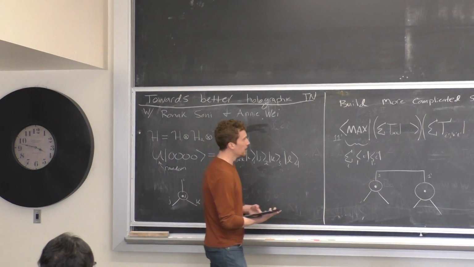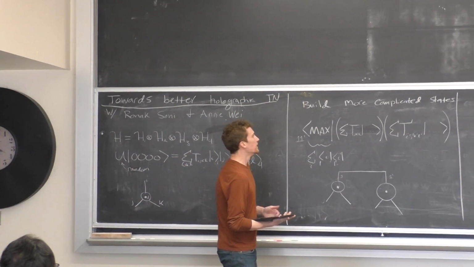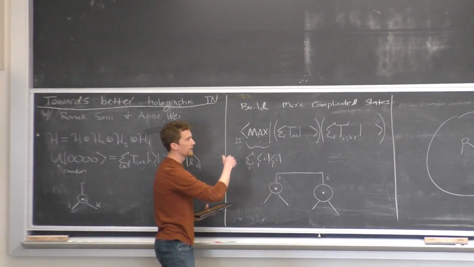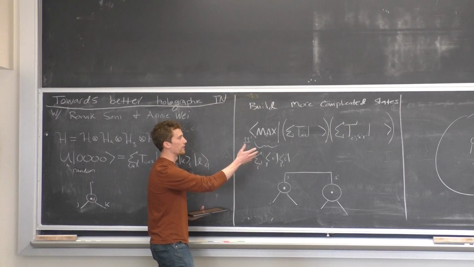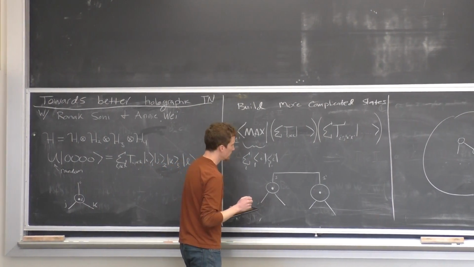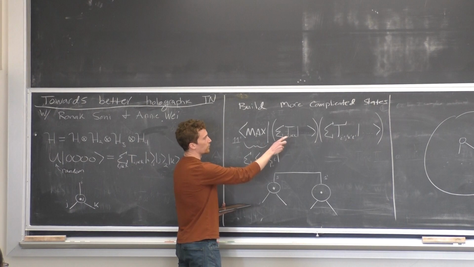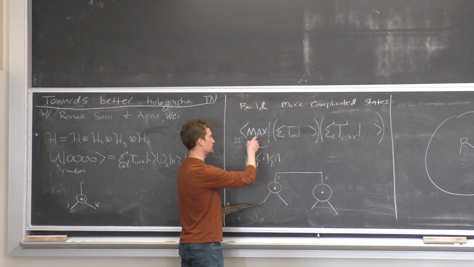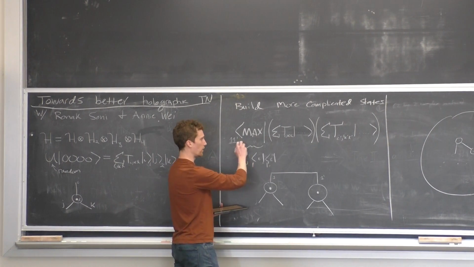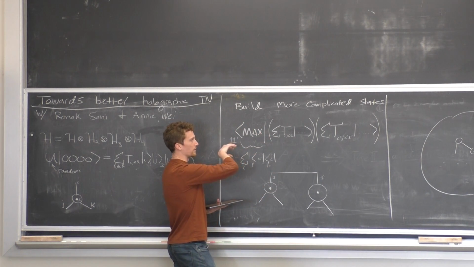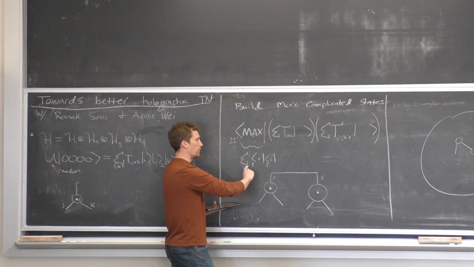With these tensors, you can build more complicated states by, say, taking 2 of them and connecting them together. The way that, in this paper, they talk about connecting the tensors is you pick 1 leg from each, say the 1 leg from this guy and the 1 prime leg from this guy, and you project them onto the maximally entangled state, just like the sum over i of |i i>.